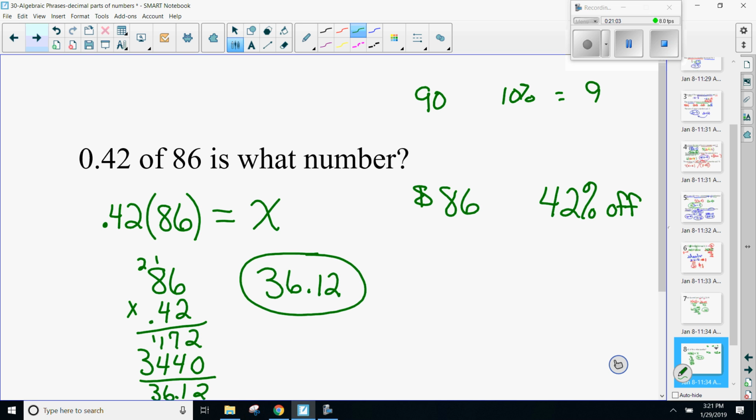That's about 40%. So if 10% is 9, 40% is how much? 36. So you're going to take $36 off of that. Or you're paying how much? You're paying close to 60%, right? So 60%, about how much is it going to cost you? Take that 9 times 6, 54. You're going to be paying about $54 for it. That's just an approximation.